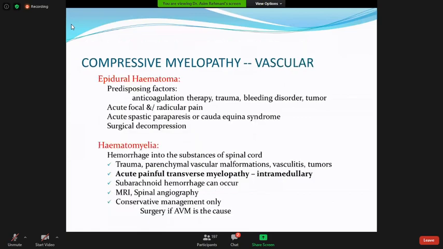The vascular category is very rare, in which there may be an epidural hematoma. It is usually found in those patients who are on anticoagulation therapy for some reason. It can be trauma, or a bleeding disorder, or a tumor.